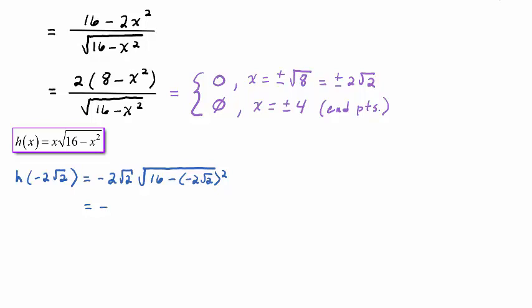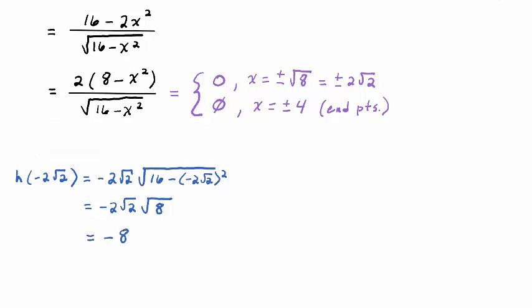So this is -2 rad 2 times the square root of 16 minus, well, this is going to become 4 times 2, which is 8. So 16 minus 8 is 8. We know that 2 rad 2 is the same as square root of 8. So we just have negative square root of 8 times positive square root of 8. So that's going to equal -8.